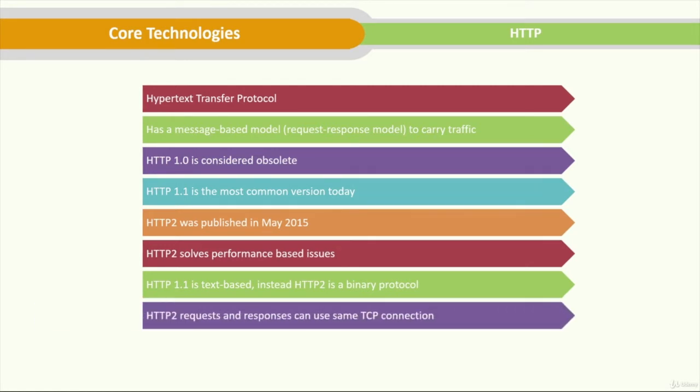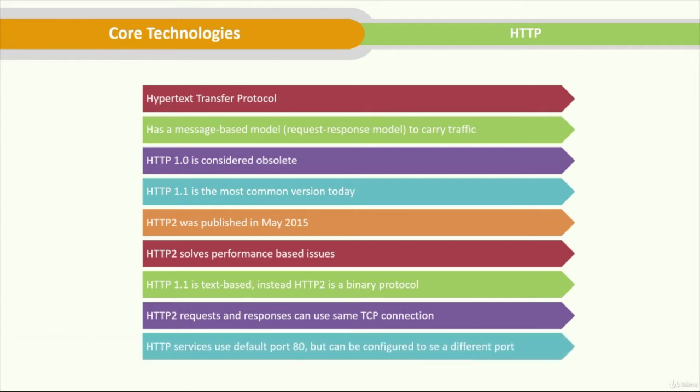But with HTTP/2, they can use the same TCP connection. And by the way, it uses the default port 80 on the server, unless the web server and the client are configured to use a different port. I want to flag that up for you as a pen tester, because an application can be served on another port.